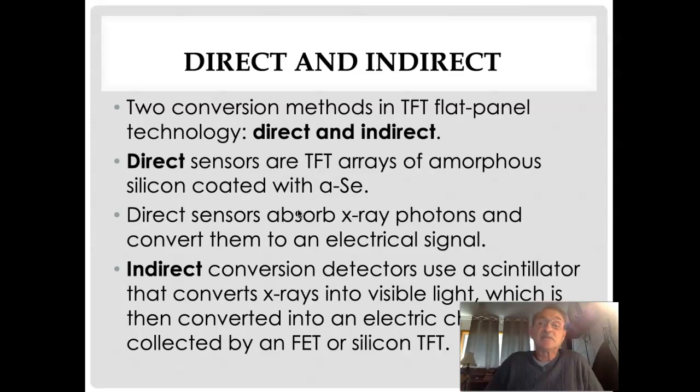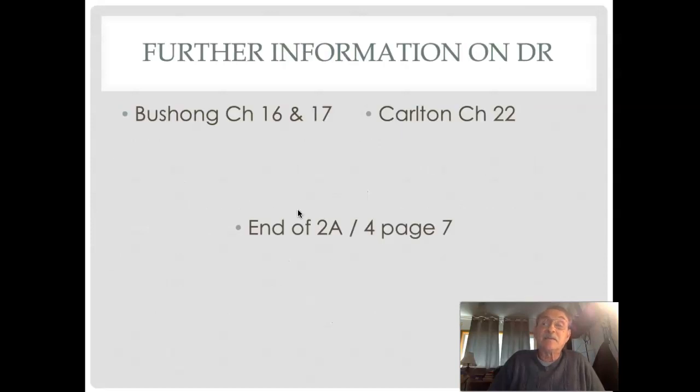Direct sensors absorb X-ray photons and convert them immediately to an electrical signal. Indirect uses a scintillator that converts X-rays to visible light, which is then converted into an electric charge that's collected by a field effect transistor or the silicone thin film transistor. So be aware of the difference between direct and indirect.